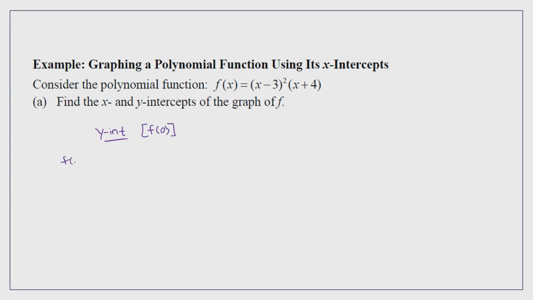So f of 0 equals (0 minus 3) squared times (0 plus 4). So then we'll have negative 3 squared times 4.